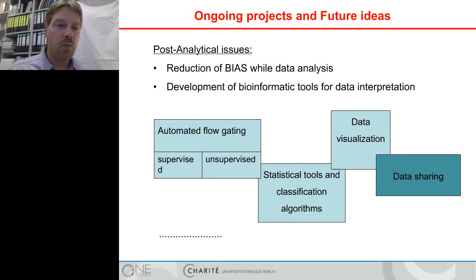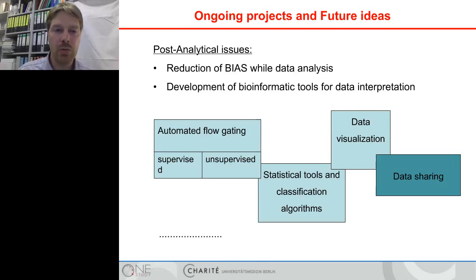And as a really big complex of interest, we also look at the post-analytical issues, because we are highly interested in reducing the bias in data analysis. And we hope that there will be a development of bioinformatic tools for data interpretation. There are 4 main complexes. The main complex for reducing bias in data analysis is the automated flow gating.